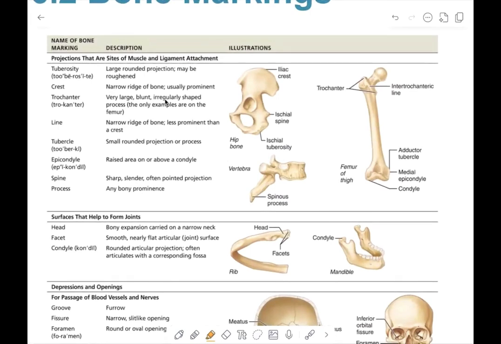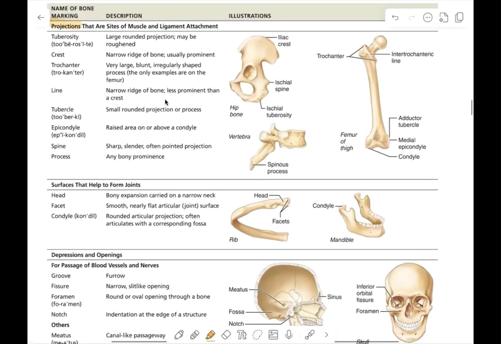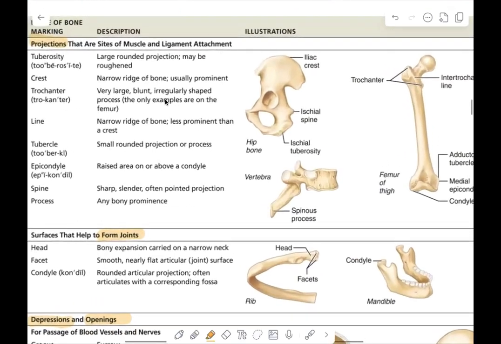So this chart is grouped into those three different bullets from the previous slide. We have the projections, the depressions, as well as the openings, and then some other surfaces that form joints. So let's look at the projection first.